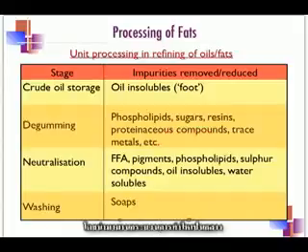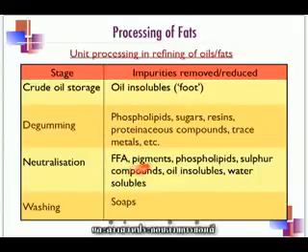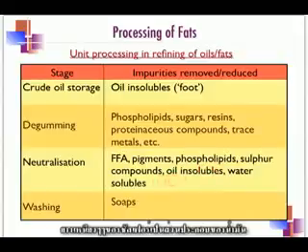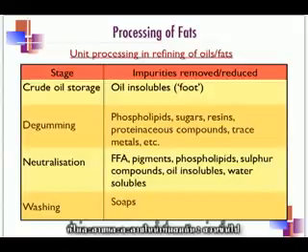In the alkali neutralization process, we add the caustic, or sodium hydroxide, to neutralize the free fatty acid and also remove other components, pigments, and some gums, sulfur compounds, and other oil insoluble and water soluble compounds.